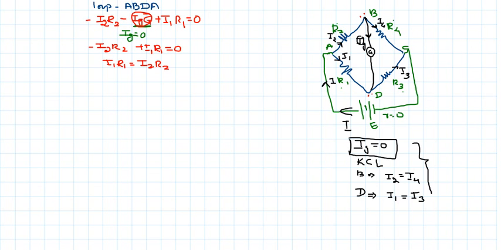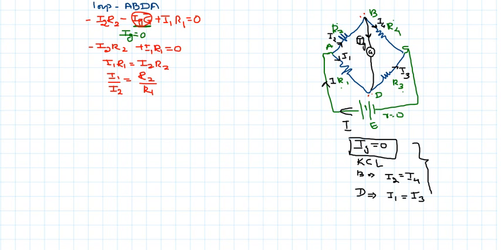Then again solve this one, that is I1 divided by I2. Take the ratio for it. Therefore, the answer coming out is R2 divided by R1.